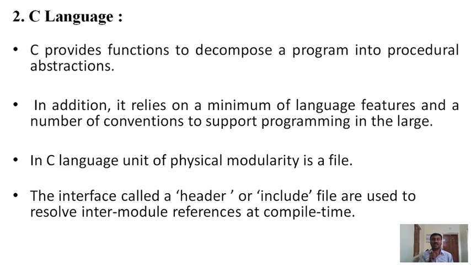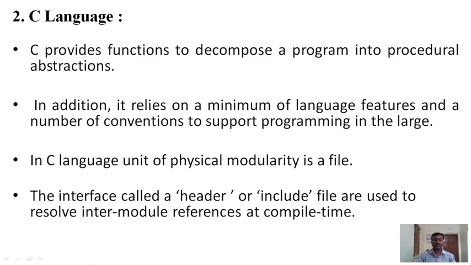So in C language, we write #include stdio.h, #include conio.h, like that we are including some files. Those files are called header files. With the help of those files, we resolve the problem of inter-module communication references in C language.